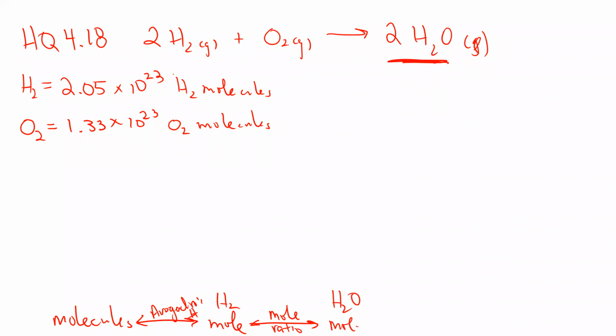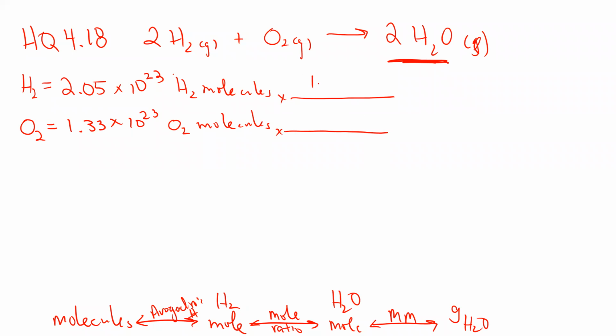And then once we find the limiting reagent, then we can find the grams of water by using our molar mass of water. So the first thing is to convert both of these into moles using Avogadro's number, right?